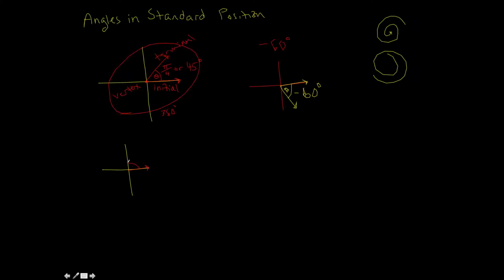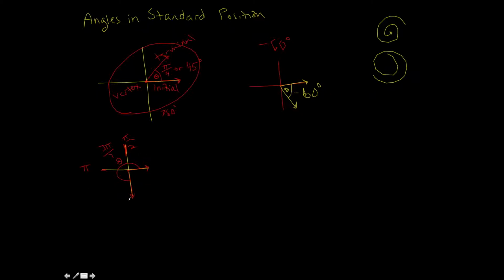We know from our drawings before that this right here is pi over 2, and this right here is 2 pi over 2, which is the same thing as pi, or 180 degrees.